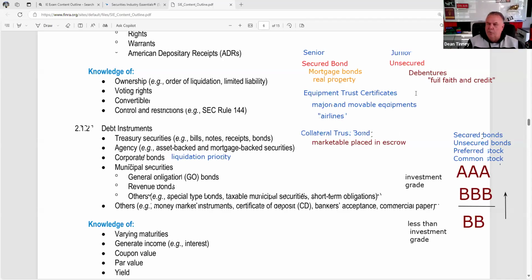Now, another type of corporate bond we have is convertible debentures. Convertible debentures allow you to switch your status from being a creditor of the corporation to becoming an owner. So you can go from creditor to owner.